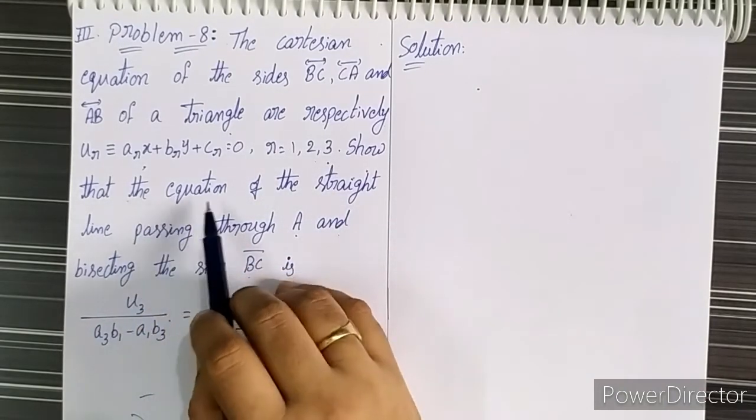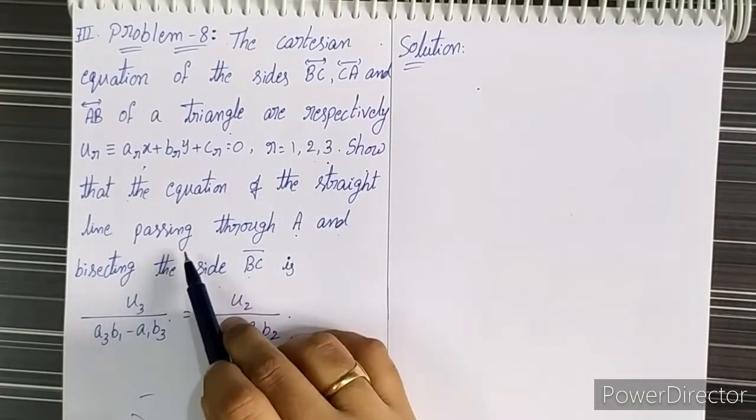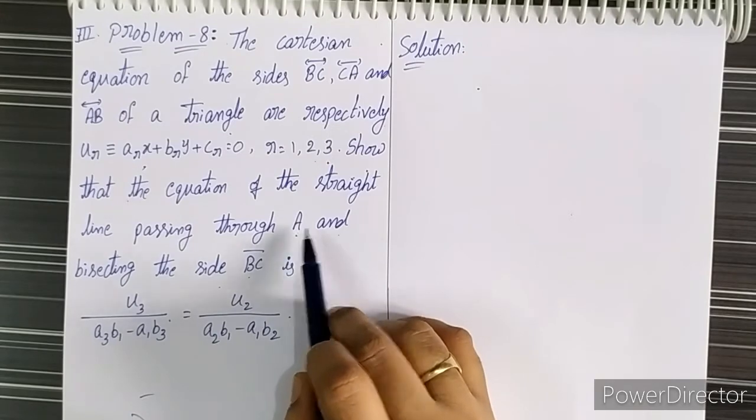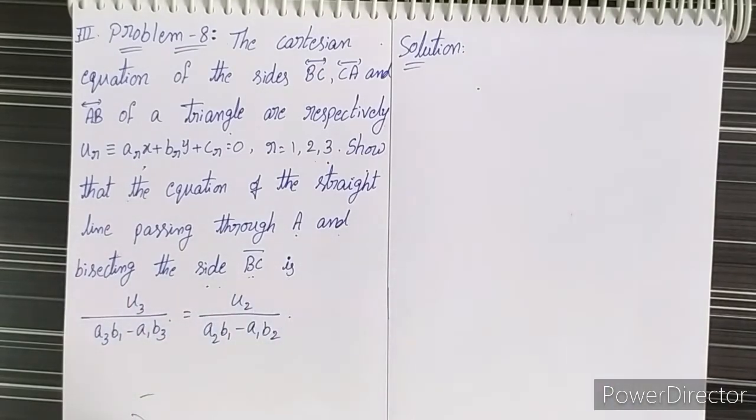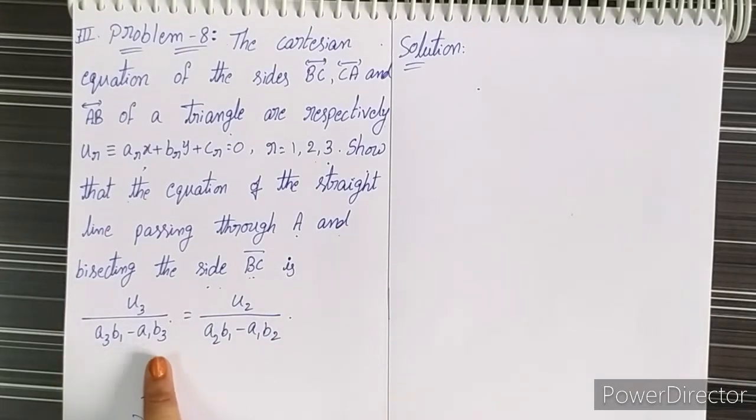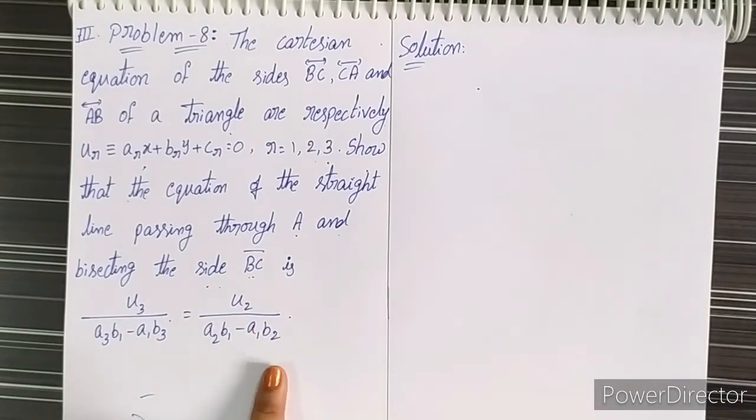Show that the equation of the straight line passing through the point A and bisecting the side BC is u3 by (a3 b1 minus a1 b3) equal to u2 by (a2 b1 minus a1 b2). This is our required problem.